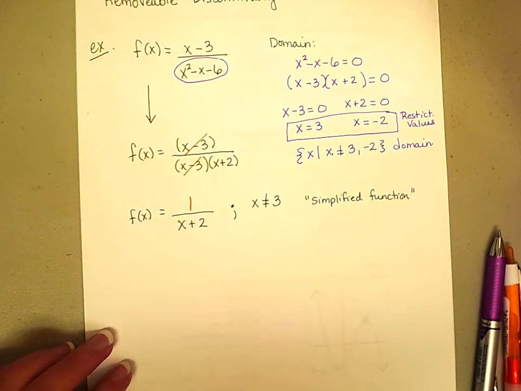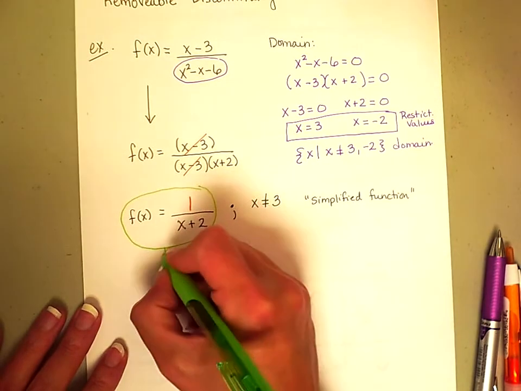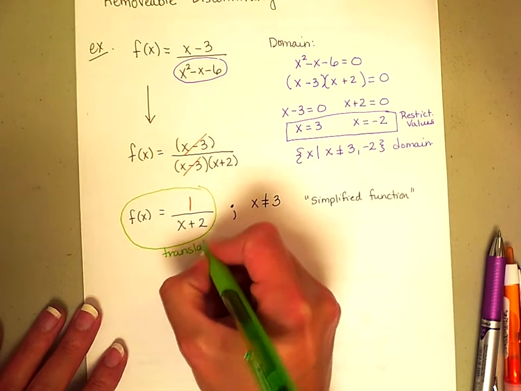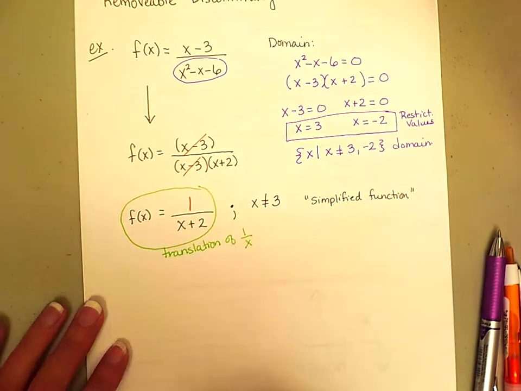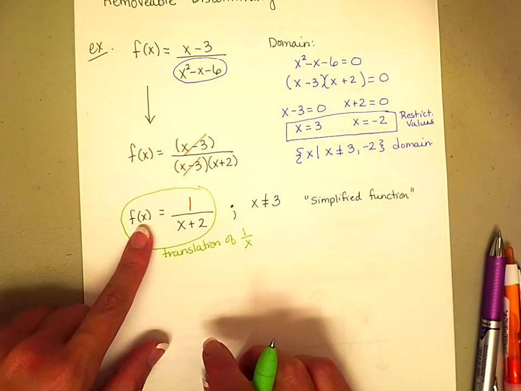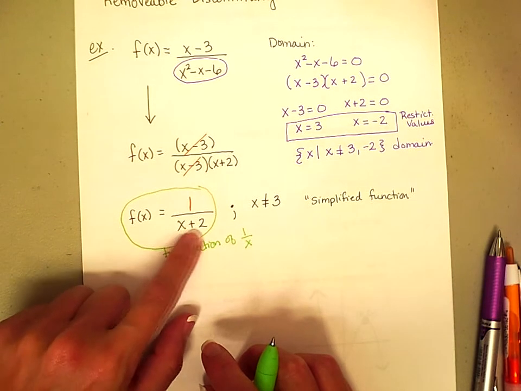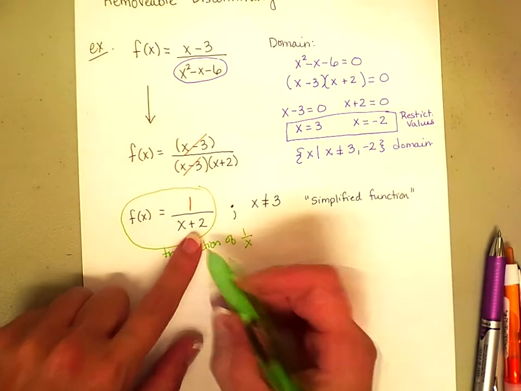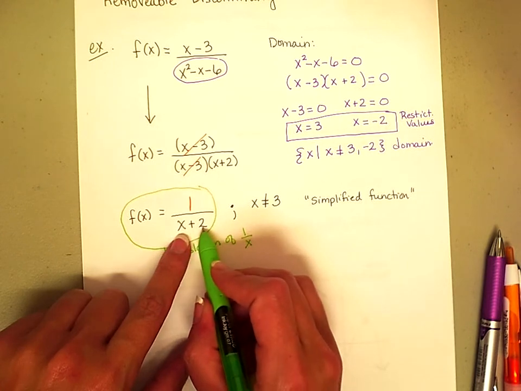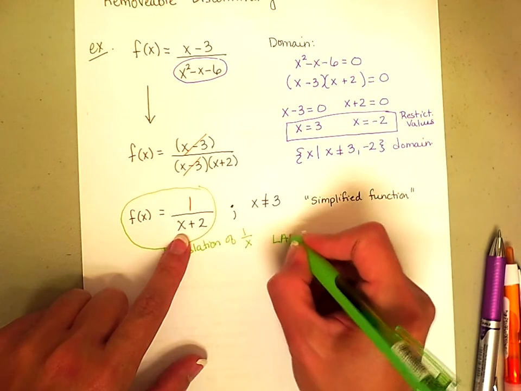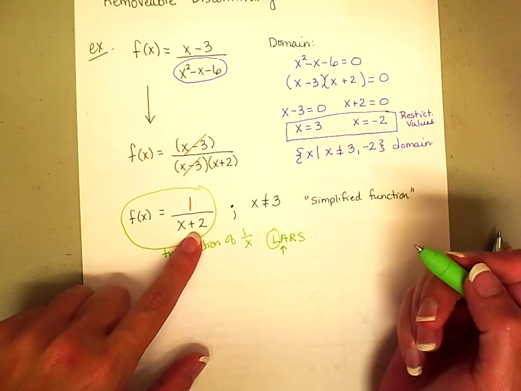Well, this is just a translation of a parent function. In this case, I'm affecting the x value by adding 2. So remembering our acronym of LARS, if I'm adding, then I must be moving left.